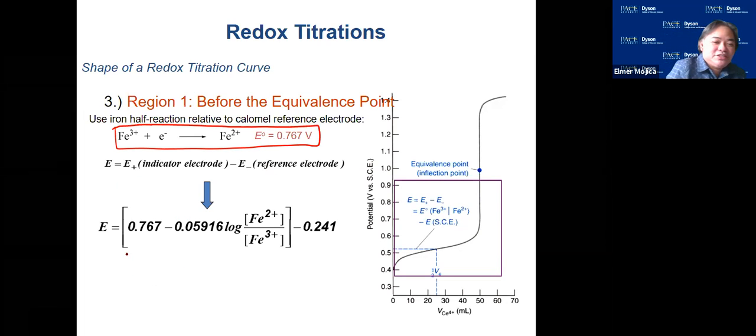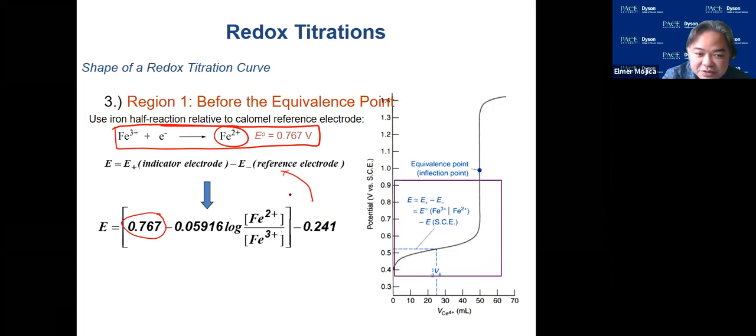So the way that we do it is we just use the Nernst equation. E equals the standard reduction potential, minus 0.0596 log of Fe2+, which is your product, over the reactant, minus 0.241, which is the potential of your reference electrode.